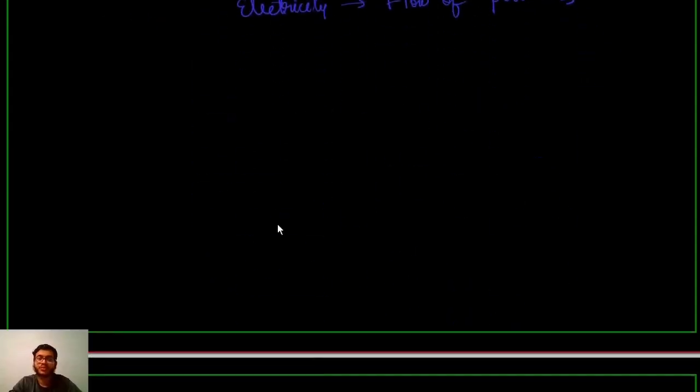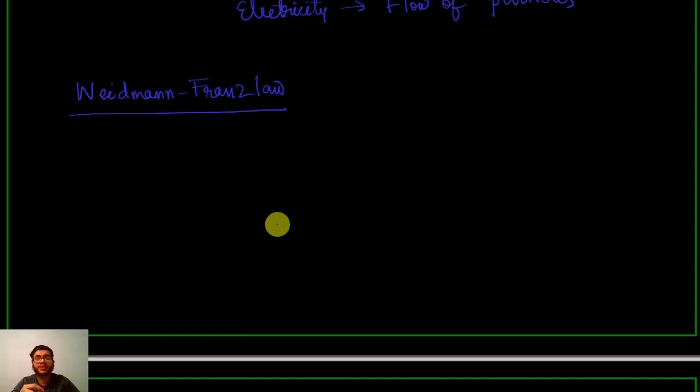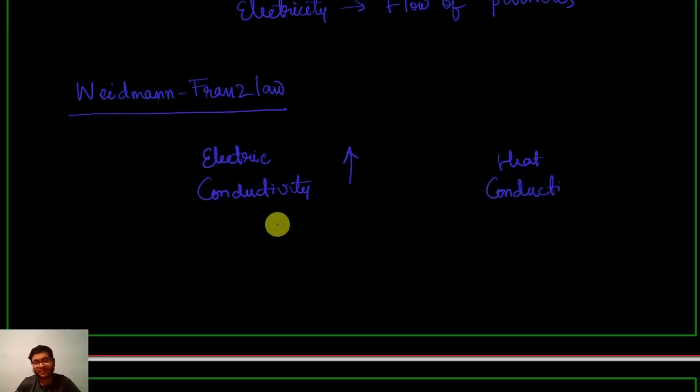Another weird thing was the Wiedemann-Franz law. It found that if the electric conductivity was high for a metal, the heat conductivity was also high. The electric conductivity, let's say it's sigma, and heat conductivity is kappa.